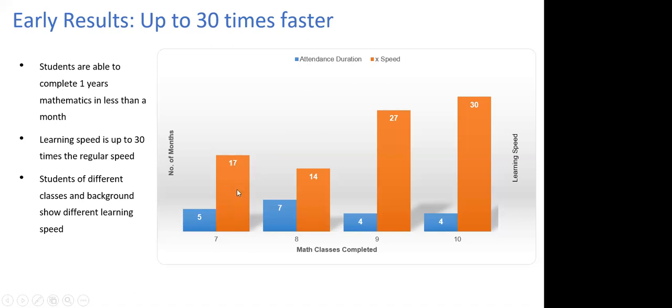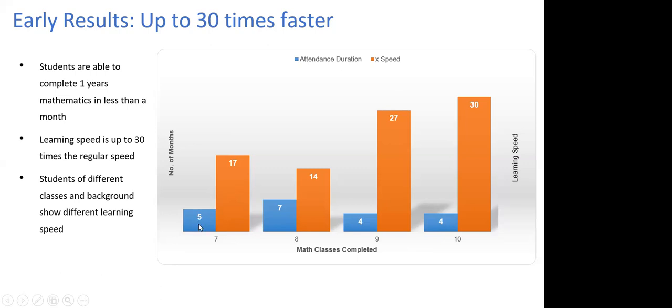Speed is calculated per subject: one subject takes 1 year to complete, and we compare how much time it has actually taken, with respect to the regular learning speed. At the bottom it shows 7, 8, 9, and 10. This is the class. This data is taken for a number of students, and I have taken the average just to make it simple to understand.